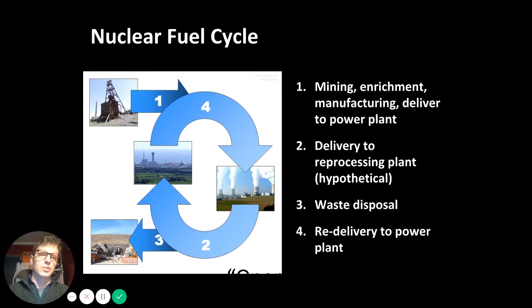After that fuel is used in fission reactions to produce heat, which is transferred to kinetic energy, which is transferred to electrical energy, that fuel becomes, in some sense, a source of waste that has to be dealt with. And the nuclear fuel cycle essentially refers to two divergent possibilities about what happens to that waste, whether it can be repurposed and recycled back in a nuclear power plant, or whether it needs to be disposed of in a more permanent way.